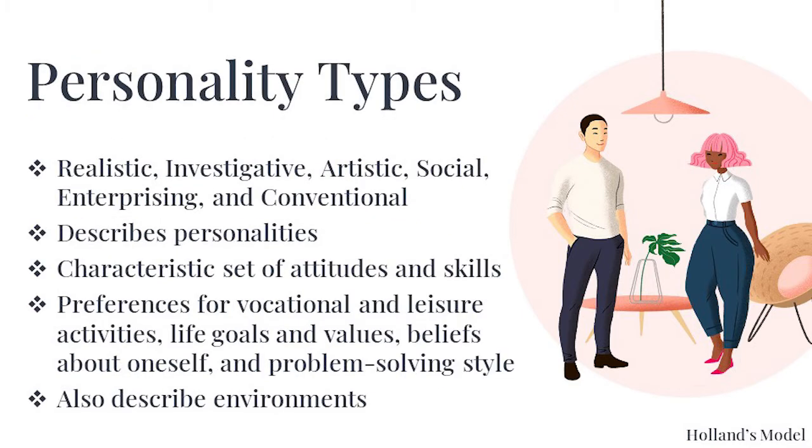For his 6 personality types, Holland sets forth a description of each type, the characteristic set of attitudes and skills associated with them, and the most likely preferences for career and leisure activities, life goals and values, beliefs about oneself, and problem-solving styles those with the type will have.